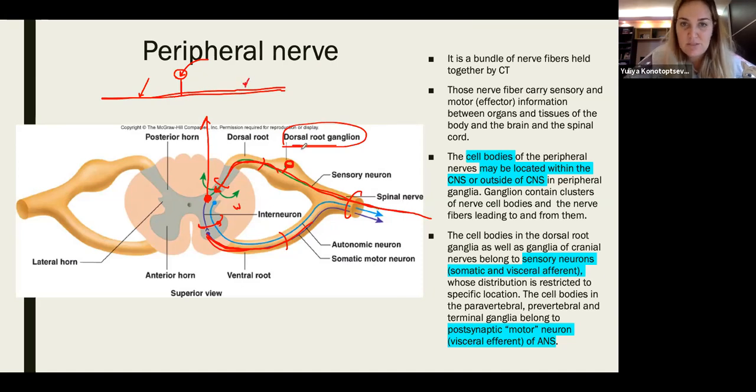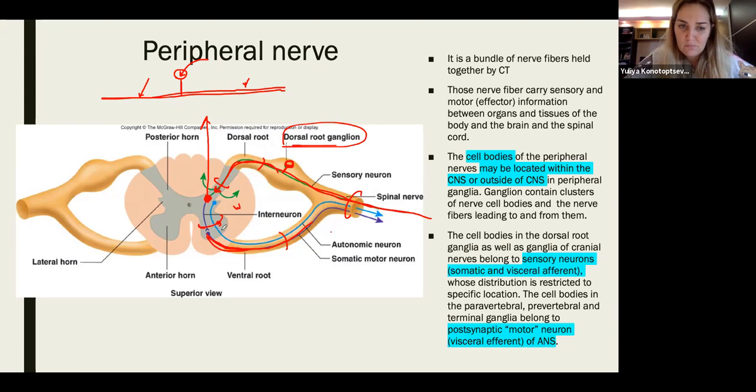A question: is there any synapse happening in the dorsal root ganglion? No. Absolutely not. The dorsal root ganglion possesses zero synapses. There's nothing to synapse with, because where does the synapse happen?